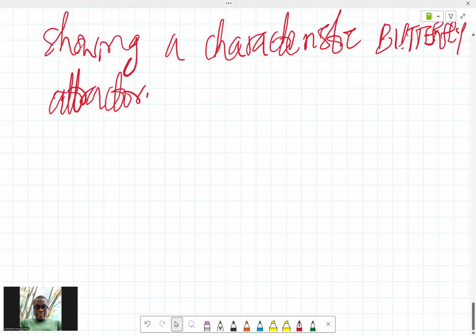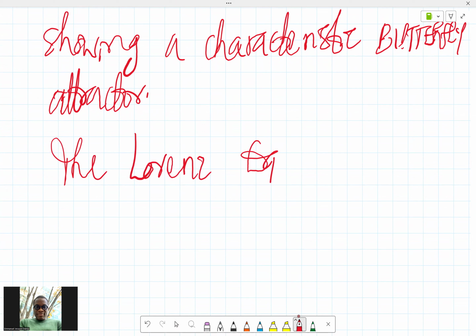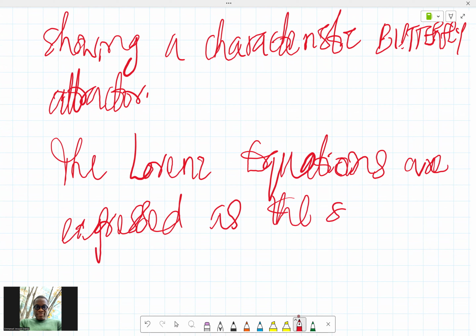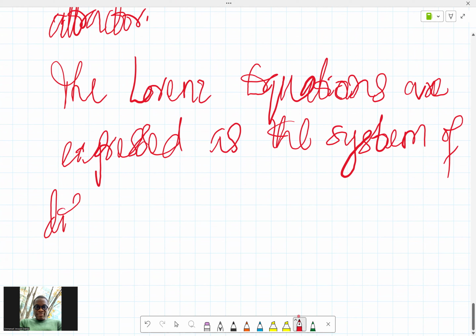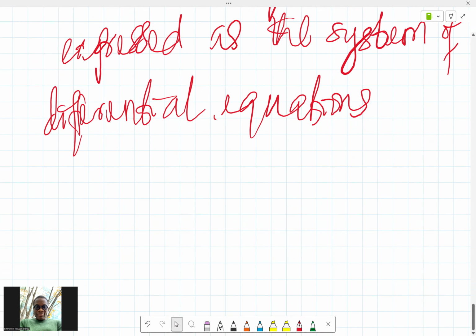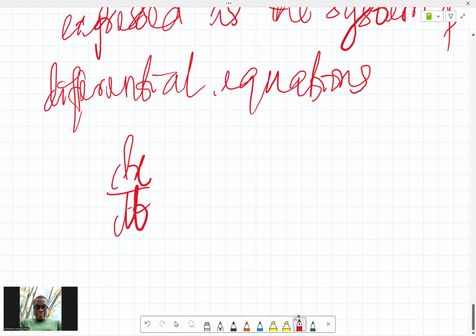So, the Lorenz equations are expressed as the system of differential equations, which we are talking about, right? dx dt equals sigma into y minus x.